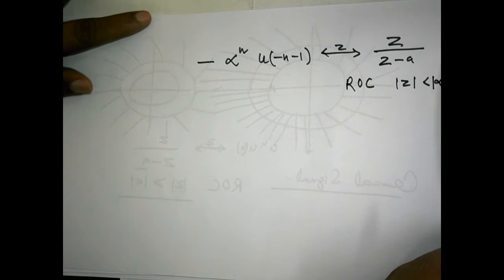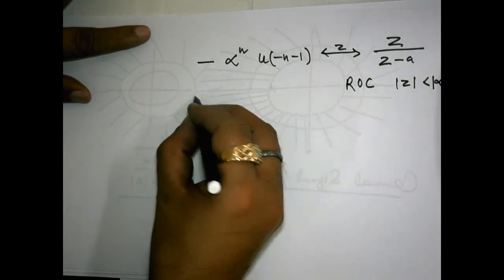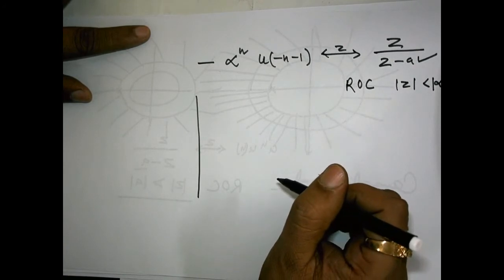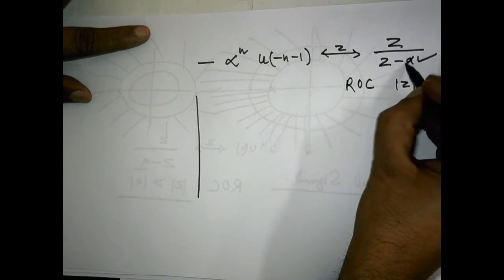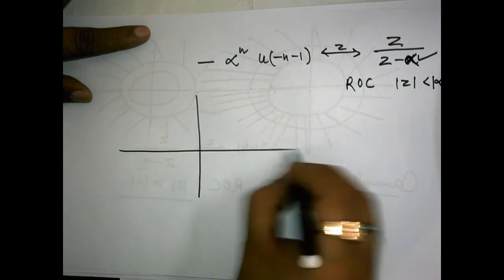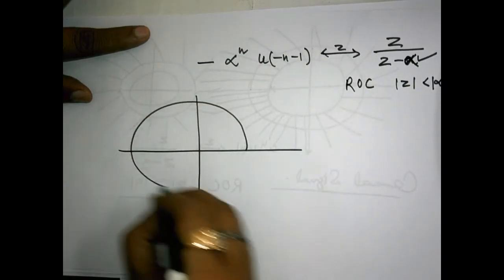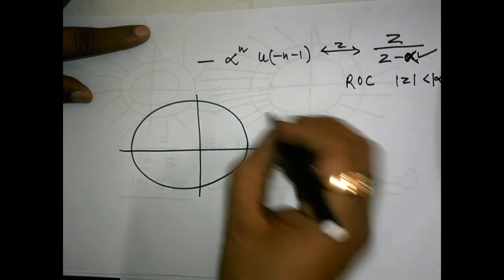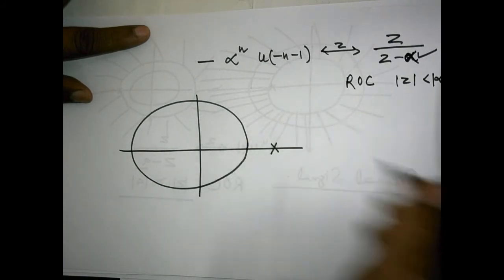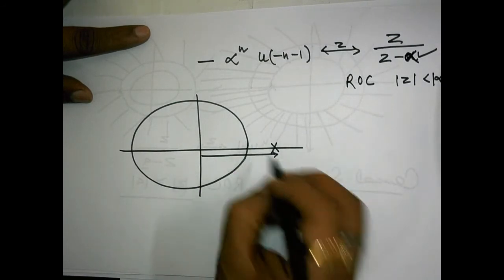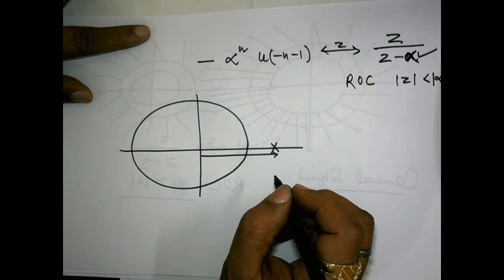Now you see, this is going to give you a pole situated at a or alpha, whatever you say, and this is the unit circle. Now if this pole appears away from this unit circle, beyond this unit circle, then what will happen?